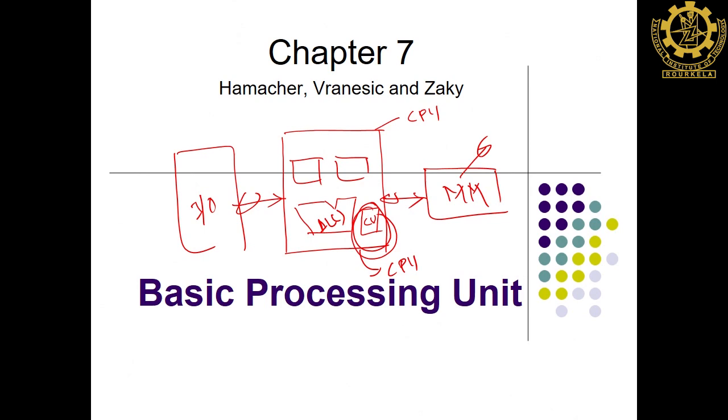Whatever the program counter value is, that should be placed on the MAR, the memory address register, and MAR will inform the memory unit that it needs that instruction, and it will be brought and stored in the IR. I said those things earlier; we revisit them in this class.